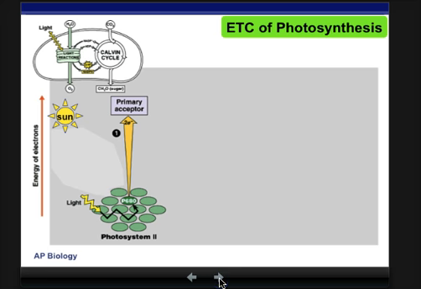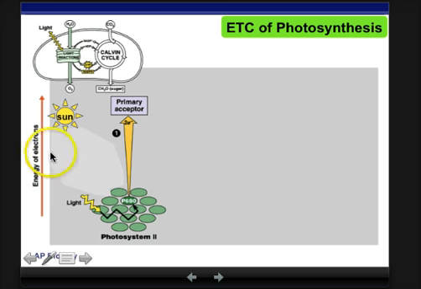Okay, so here's photosystem 2, which comes first. Here's light coming in, energy of the photon being transferred around until it hits that reaction center with the chlorophyll A, and there's that P680, 680 nanometers of light, and 2 electrons are given off.